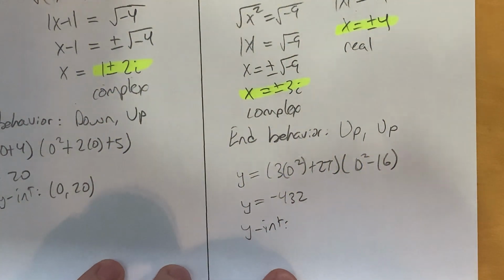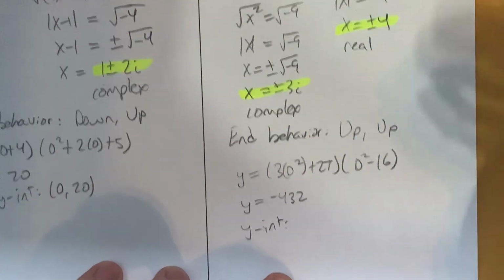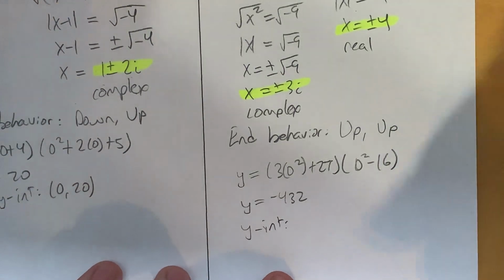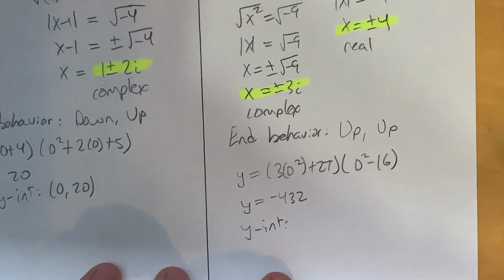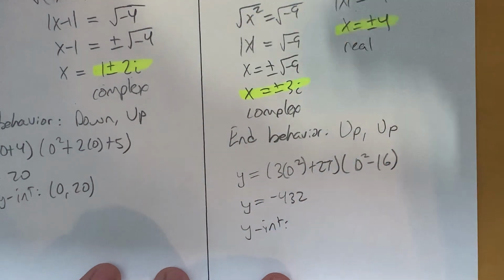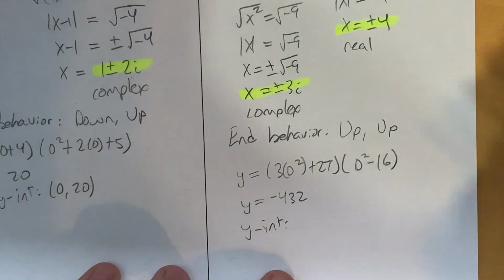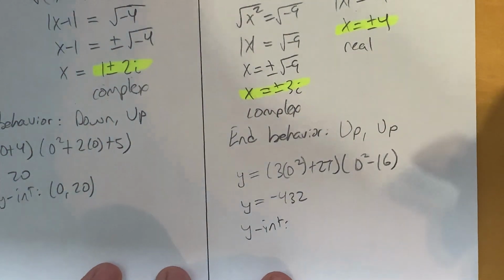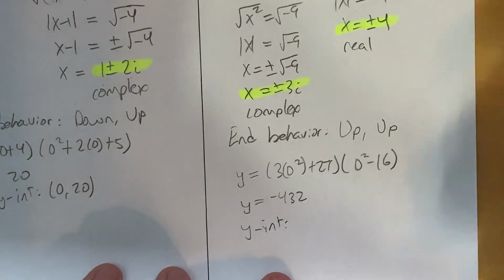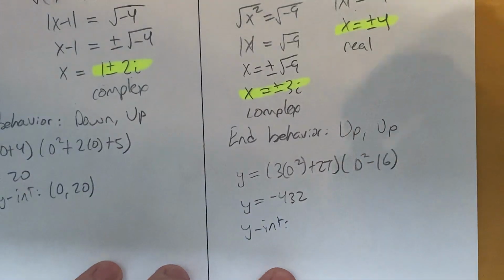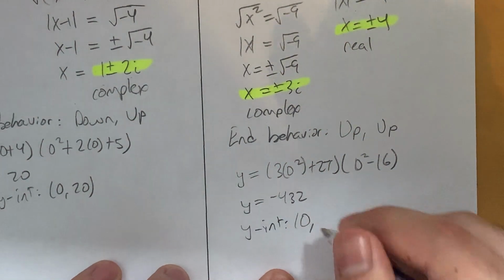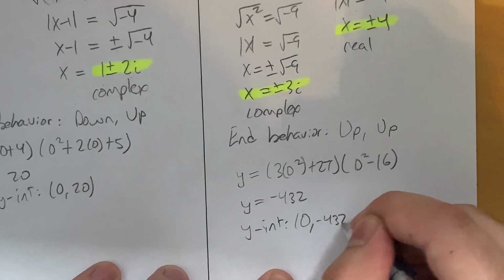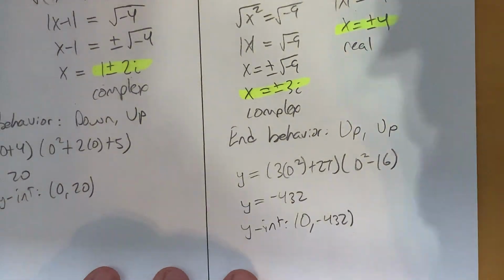It doesn't always happen this way, but for these problems, yeah. And it's not any more difficult because we can set a new scale on the y-axis to create a much cleaner graph, which I've been doing. But it won't be this difficult on your exams or quizzes, so don't worry about that. 0, negative 432. That's my y-intercept.